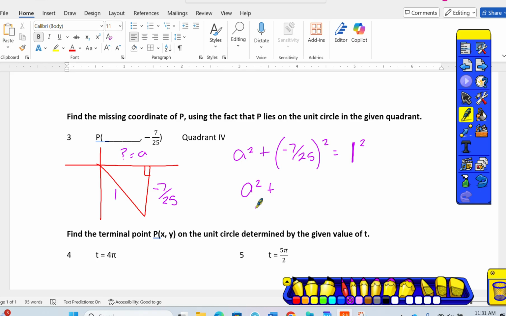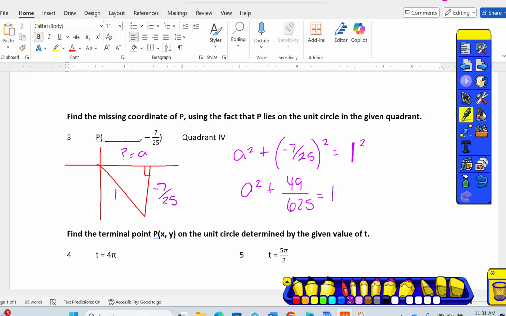That gives me 49 over 625, isn't it? Yep, 625. Okay, 49 over 625 equals 1.